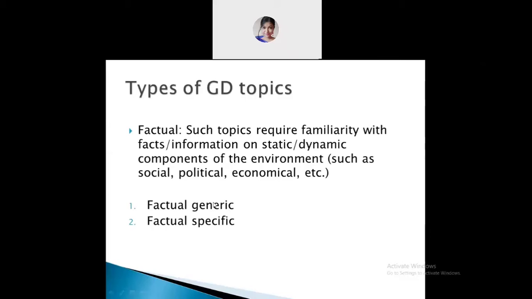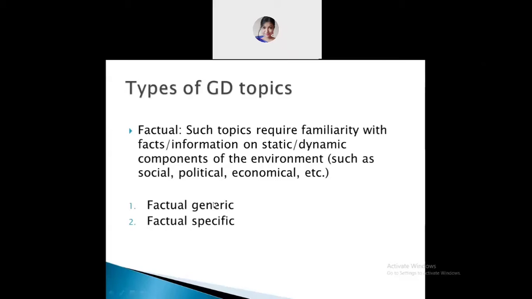Factual generic topics require a basic level of awareness with respect to various segments of our environment.